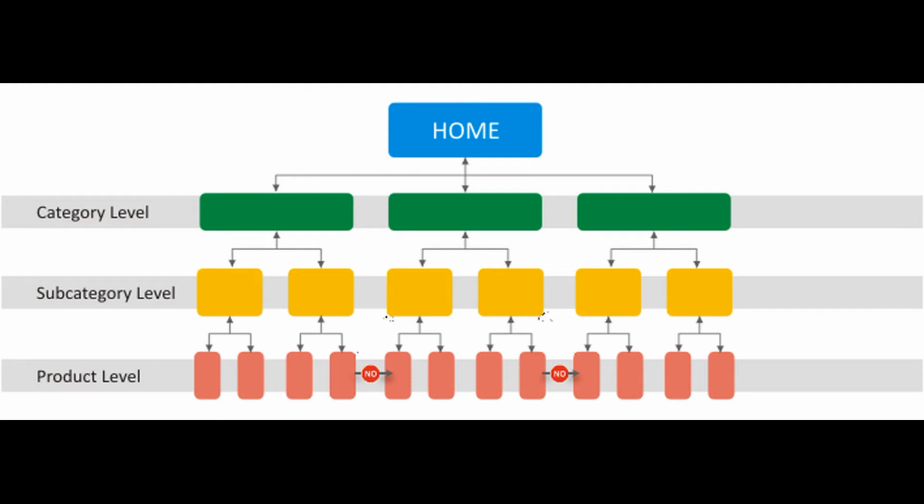Siloing sounds like a fancy term, but in reality, it's just good information architecture, because siloing is one part website hierarchy and one part navigation using internal linking. At a very basic level, siloing means that product pages should not link to subcategory pages from other silos, as you can see in this image.